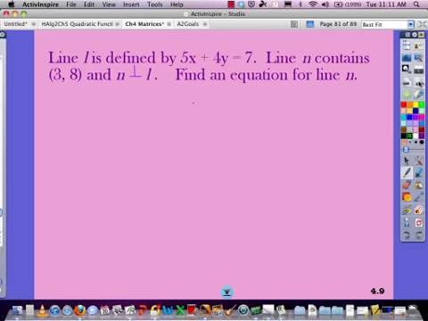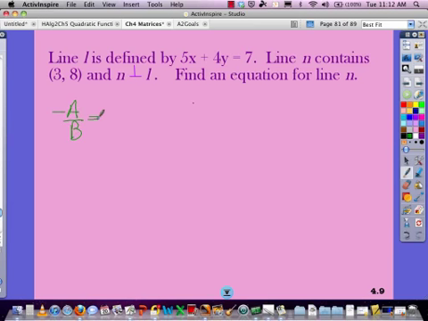Line L is defined by this equation. Line N, though, contains the point (3, 8) and is perpendicular. So we know we need to have opposite reciprocal slopes. It says find an equation for line N. So the first thing we better do, carefully, is take the slope of our current line.